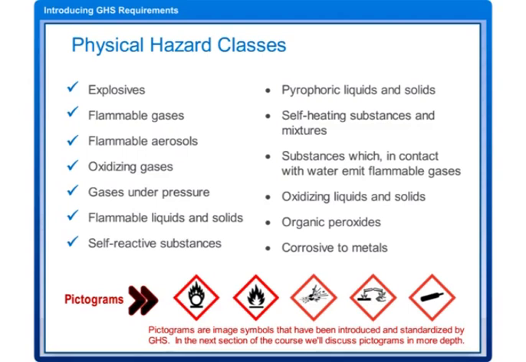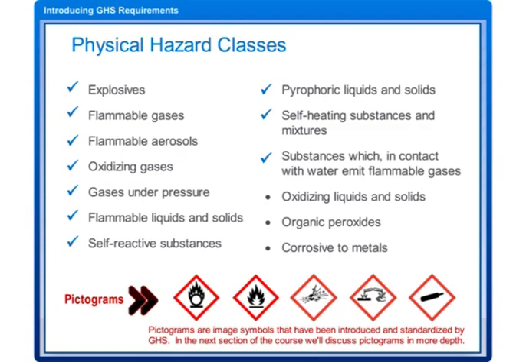Self-reactive substances are those chemically unstable that can undergo exothermic reactions. Pyrophoric liquids and solids are those that self-ignite if not handled, stored, or used under safe conditions. Self-heating substances and mixtures will generate heat.